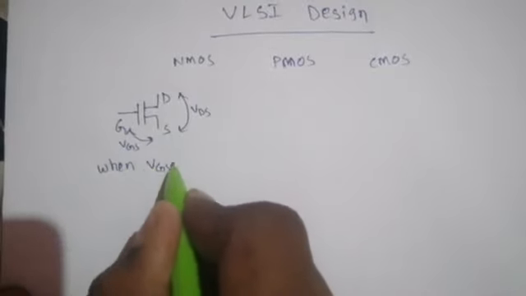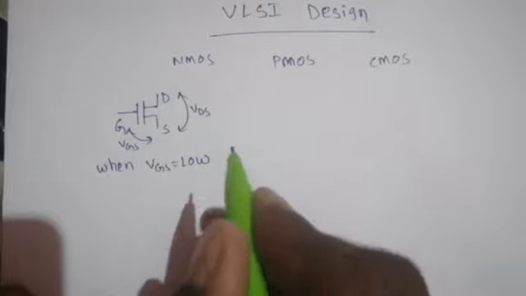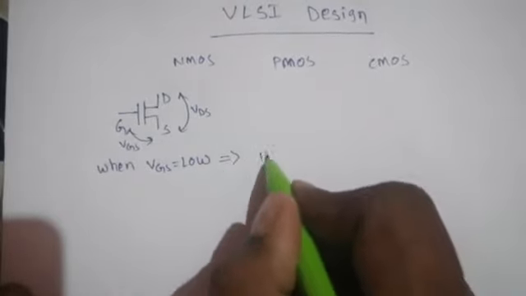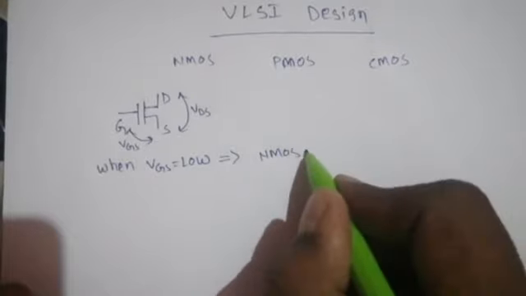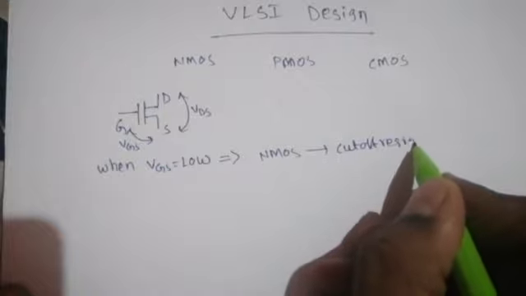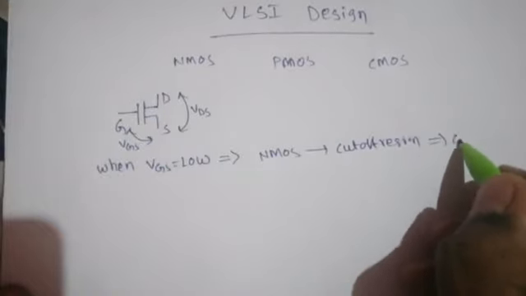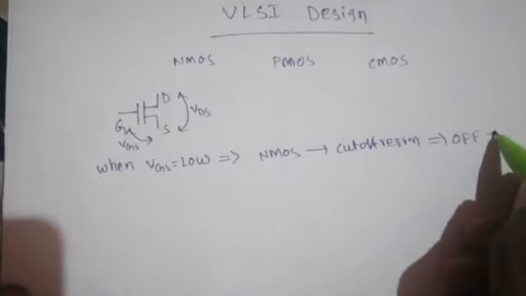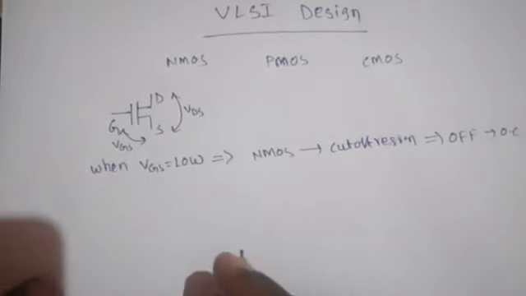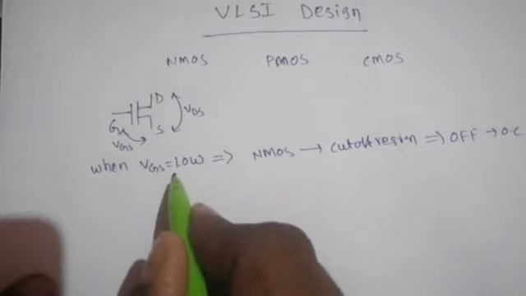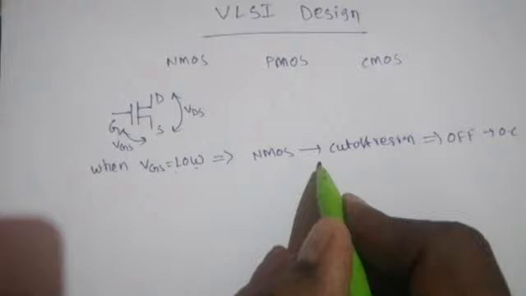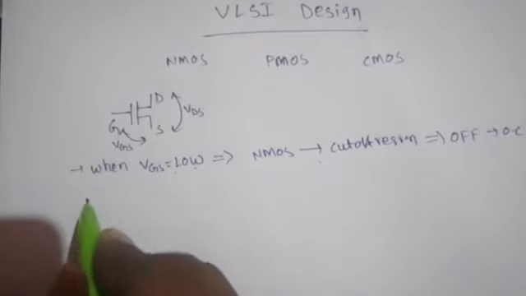When VGS, the gate to source voltage, is low, the NMOS operates in the cutoff region. In this cutoff region it will be off, it will act as an open circuit, an open switch. This is the first point.